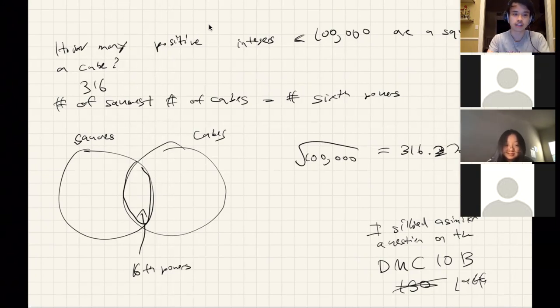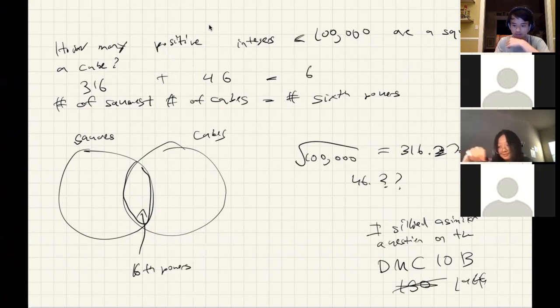You take the cube root of 100,000 and you get 46 point something. So there's 46 cubes. And then you subtract the number of sixth powers, and it turns out there are only six sixth powers. So you subtract 6, and your final answer is 356. So now you've counted everything exactly once.